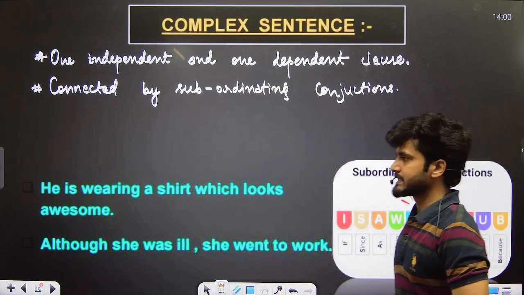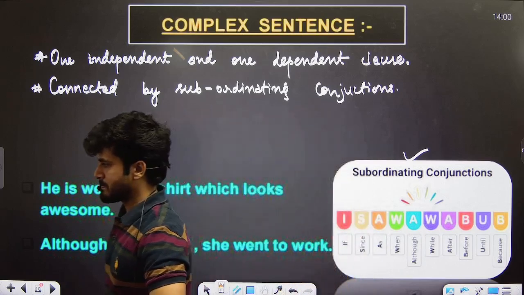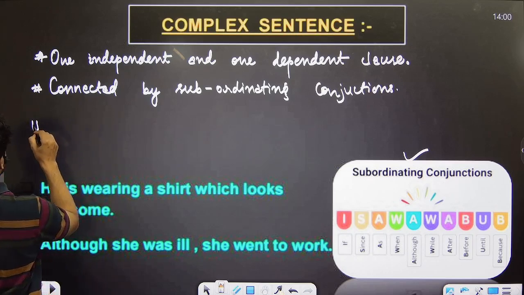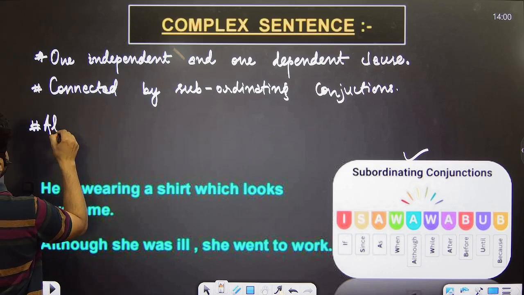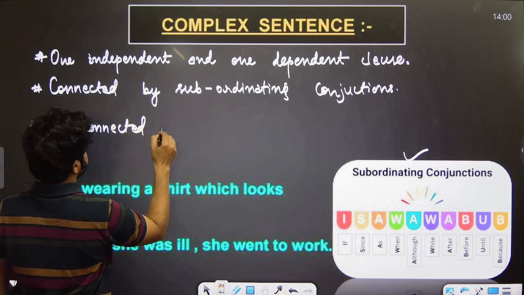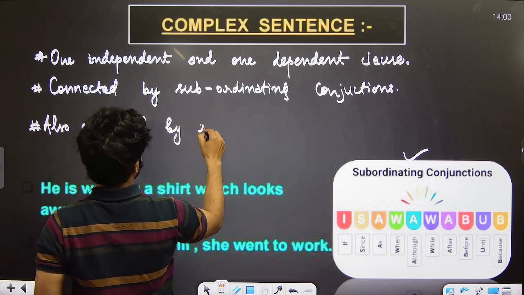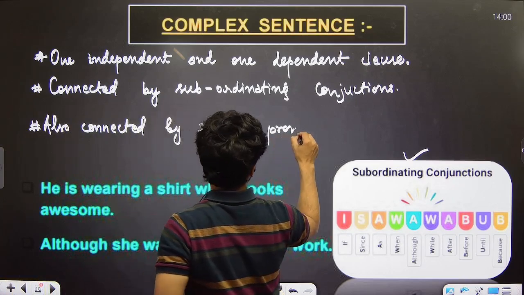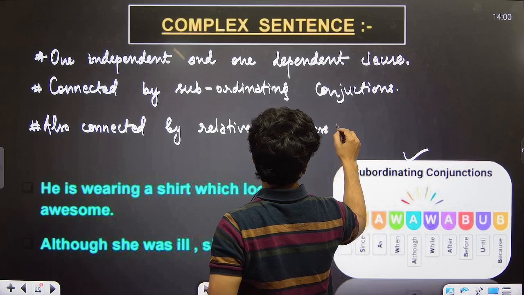They are also connected by which, that, who. Okay, what are they? They are relative pronouns.